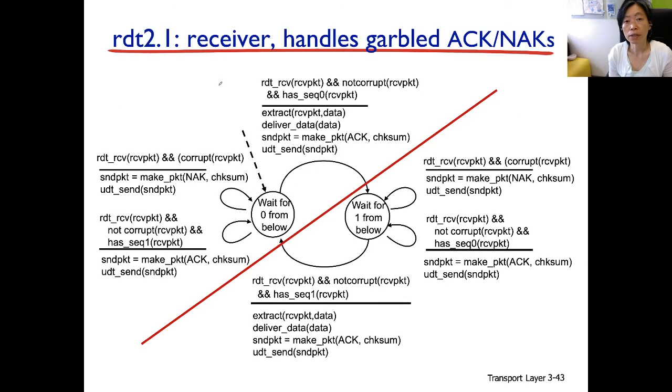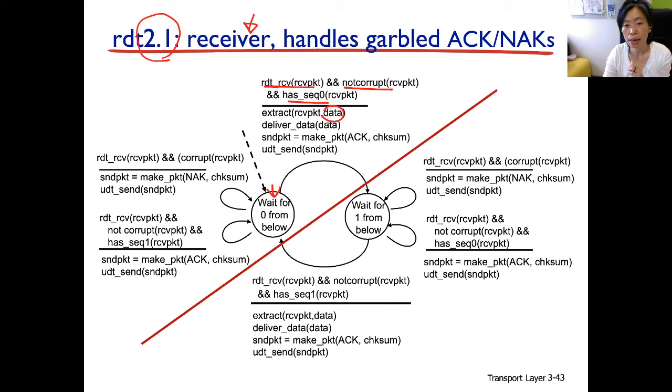Now let's try to develop RDT 2.2's finite state machines. Here we will borrow from 2.1 and start from the receiver side of the finite state machine. The initial state is wait for 0 from below, so we're expecting data 0. And we get it, not corrupted and indeed carrying sequence number 0.